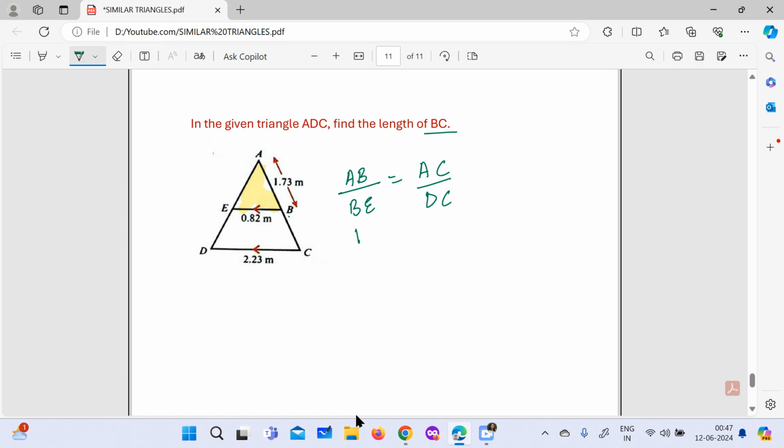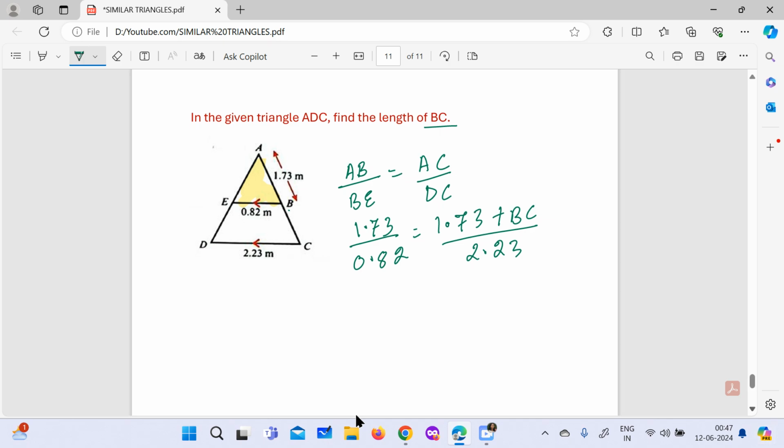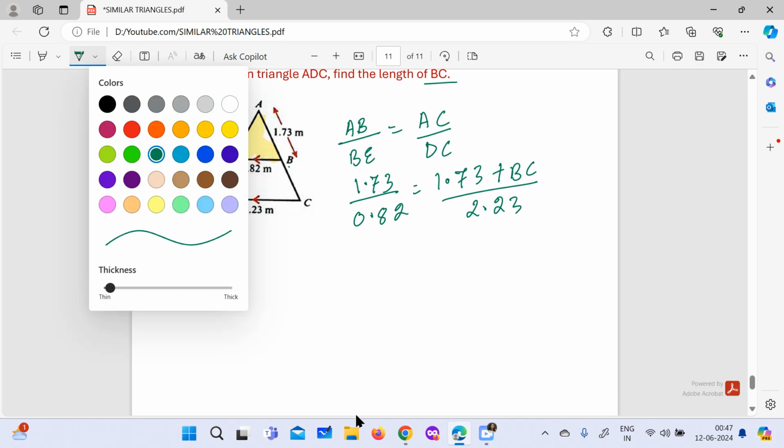Now AB is 1.73, BE is 0.82, AC is 1.73 plus BC over 2.23. Okay, so you have to be good at calculation and you have to solve it very carefully.